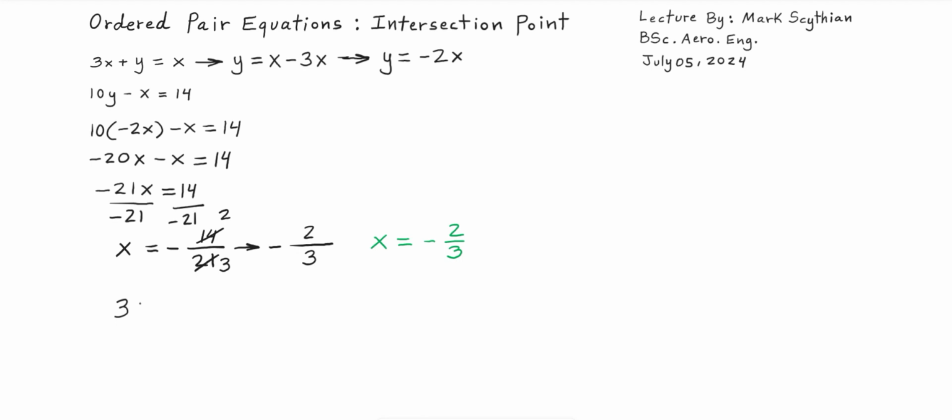So 3 times negative 2/3 plus y is equal to, once again, x.